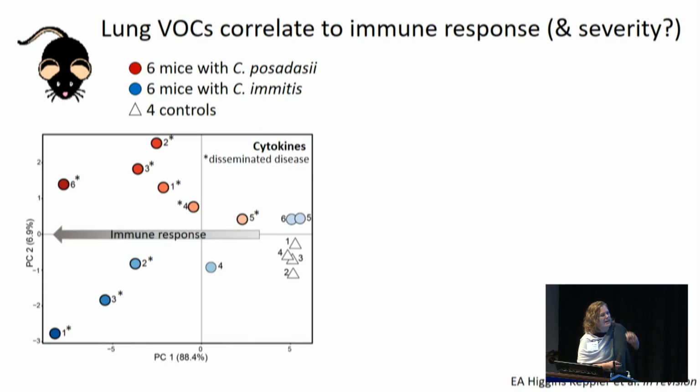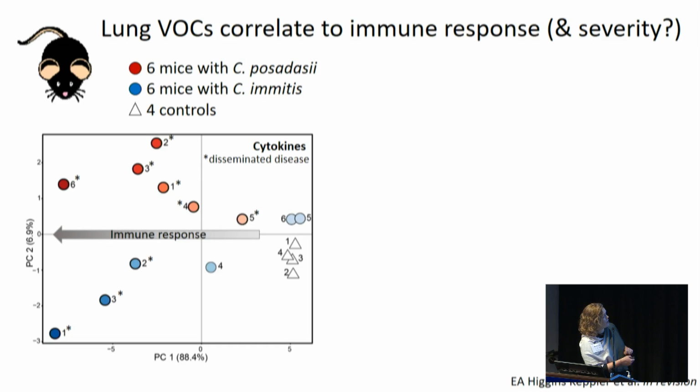In this PCA, what I'm showing you is how the mice classified based on their cytokine responses. We were a little surprised at how variable it was. But making lemonade out of lemons, what we're seeing is that if we use the cytokine responses to plot each one of these individual mice, there's a gradient of immune response showing up on this PCA.